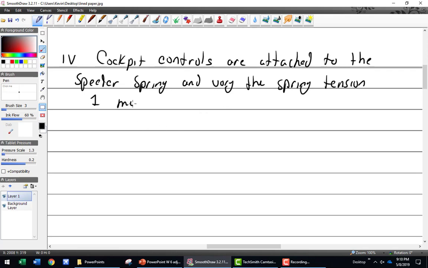So more tension equals what? Underspeed. Yep. Or move to a higher RPM. Pilot wants more RPM. If I have less tension, that equals lower RPM.